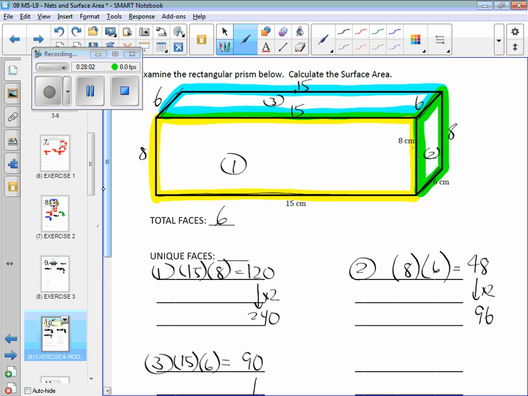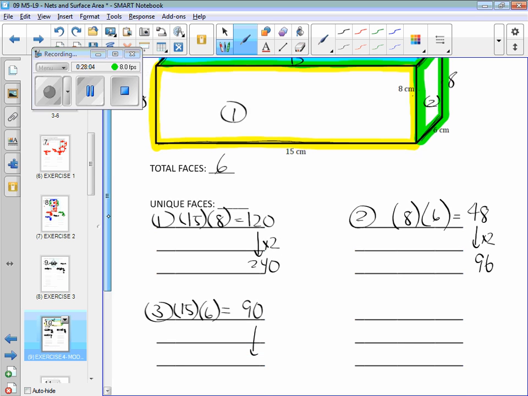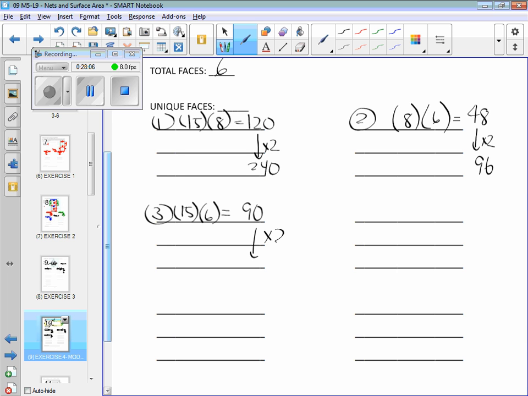Shape 2 is 15 by 6. So what'd you get? Riley, what'd you get as a total? 516. And everybody, it's still area.